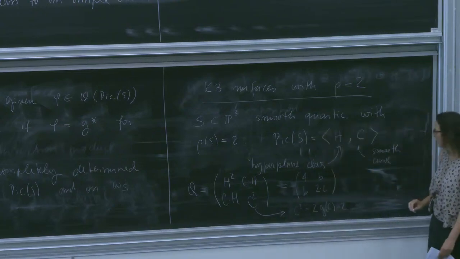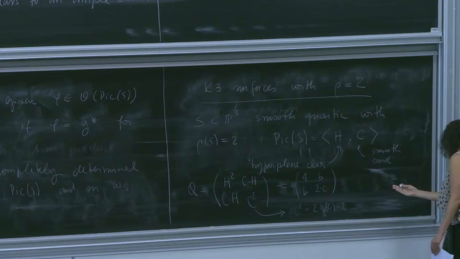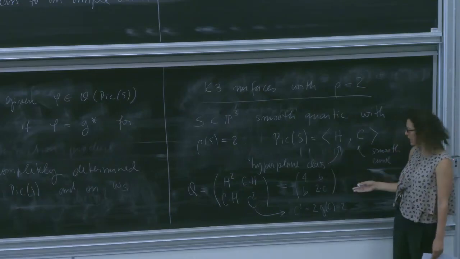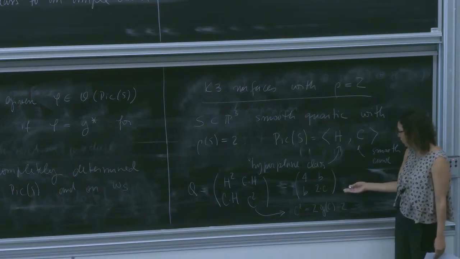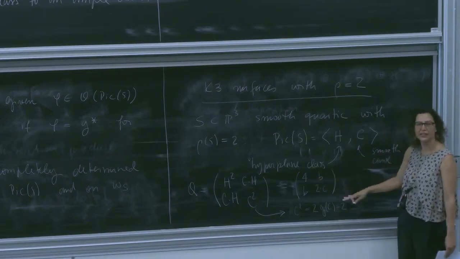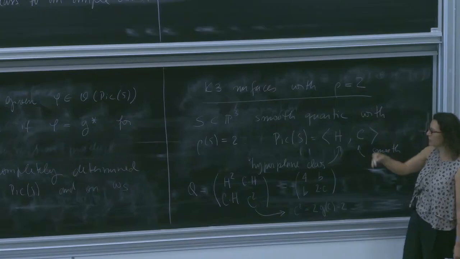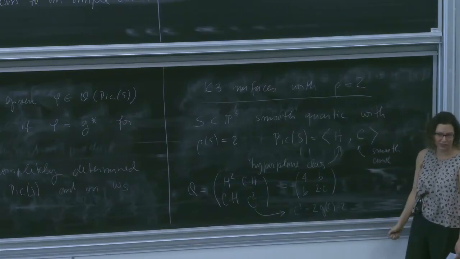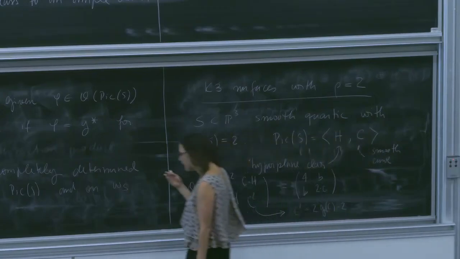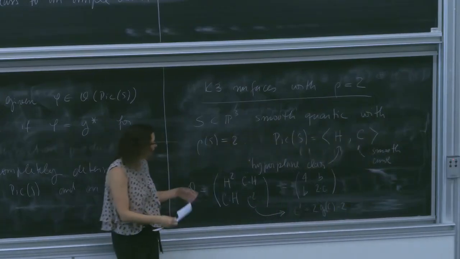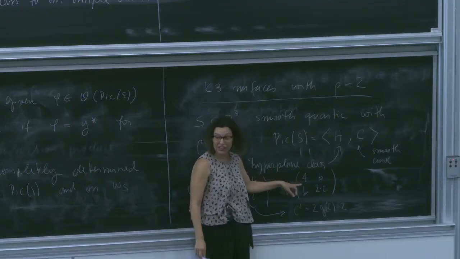So conversely, if I start with any even matrix with signature (1,1) like this, by Morrison's theorem, it comes from a K3 surface. It may not be a quartic. So to check that it's a quartic, you have to check that you have a class with self-intersection 4.